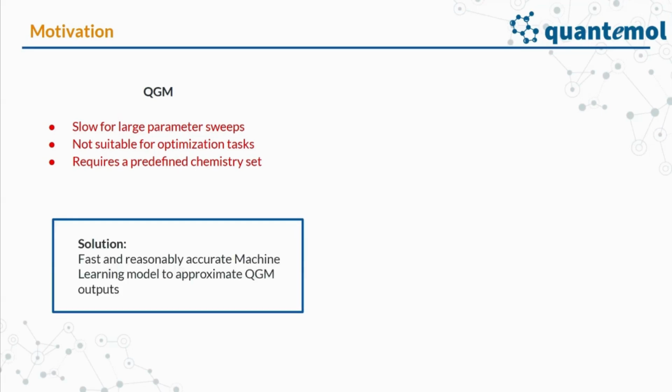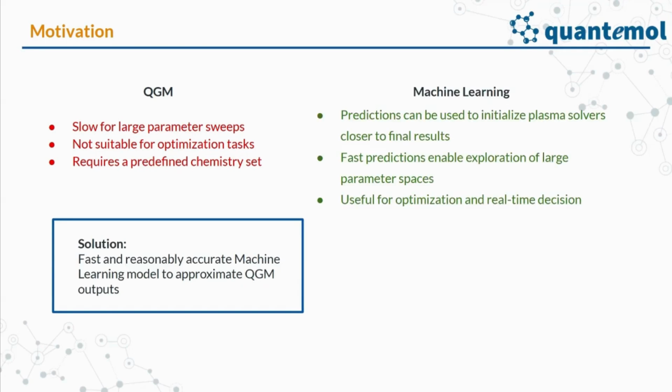So what can we do to speed this up and to get the outputs of QGM faster? We can substitute the global model with a surrogate machine learning model and approximate the outputs of the global model. The machine learning solution wouldn't be precise, but it can still be very useful to initialize plasma solvers closer to final solutions.